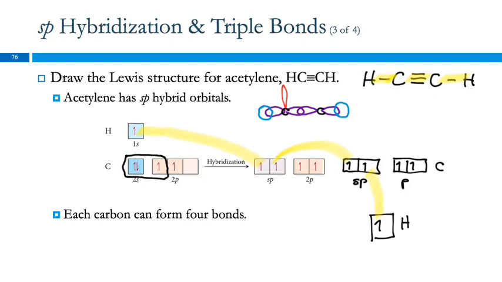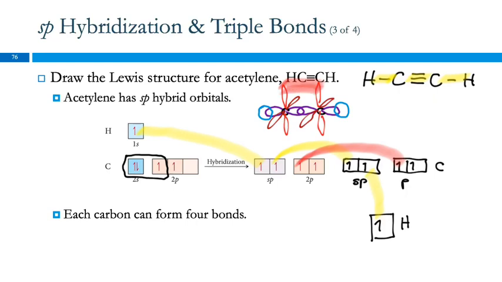So there's one. And then this one is sticking in and out of the screen. That one's harder to visualize. Those can form pi bonds. So I can get a p orbital with a p orbital.